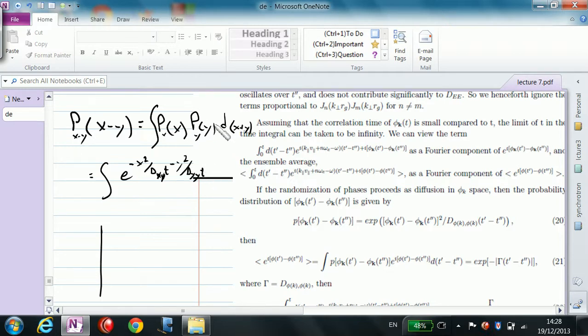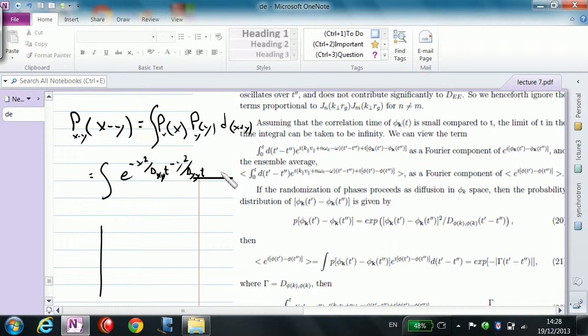I think it's simpler to write x minus z instead of y and then integrate over z. If you write x minus y as z, z is a fixed number, and x minus y is a fixed number.